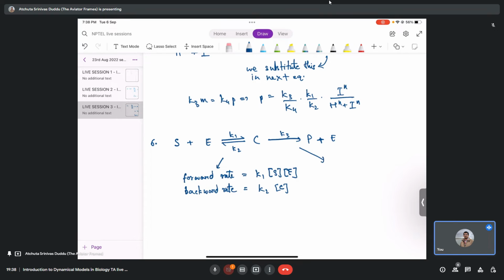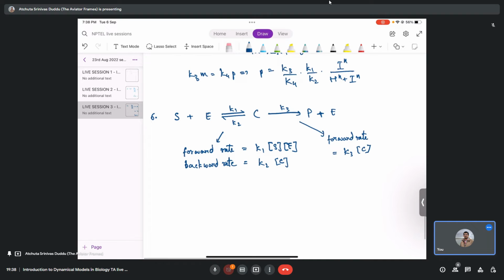And similarly here there's no backward, only forward. So the forward rate is equal to k3 times c. Right, now I'm trying to write down the full ODE equations. So I'll try to first write how the product is formed. dp by dt, the rate of formation of product, is equal to just k3 times c.